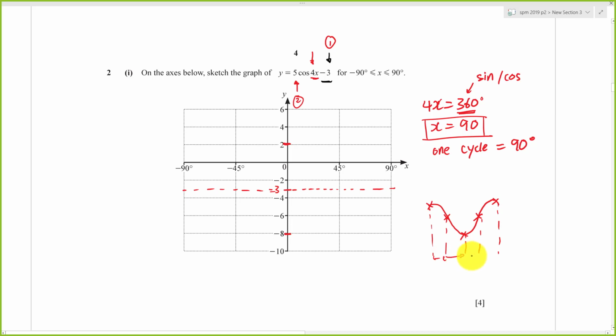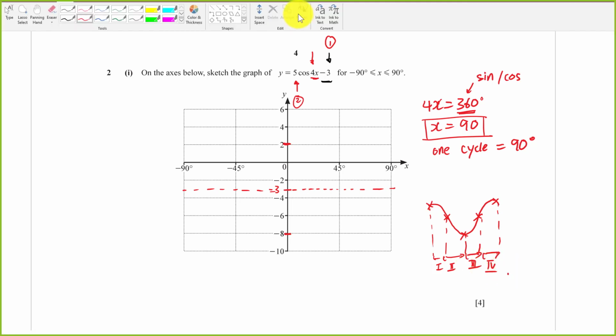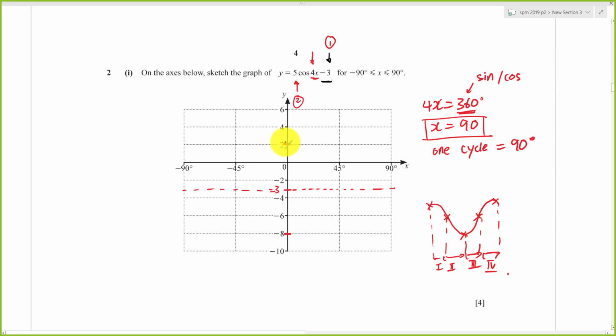1, 2, 3, 4. You can see the first quadrant, second quadrant, third quadrant, fourth quadrant. So this is my first coordinate. And then the minimum will be at 45, right? Because it's half of the graph. So these 2 coordinates you know for sure, and you will know the minimum, which is here.